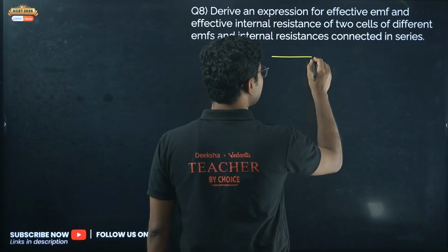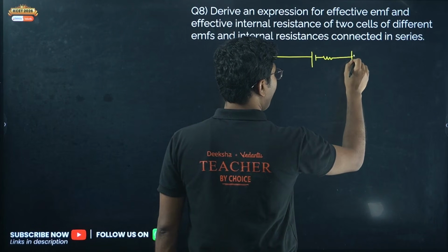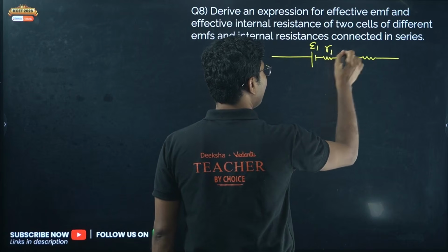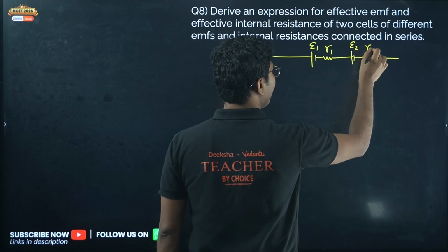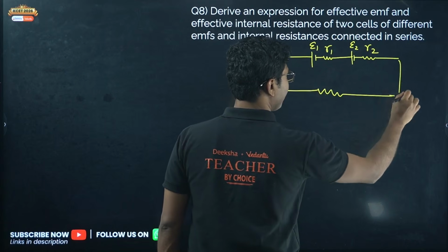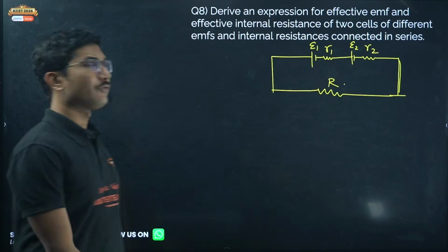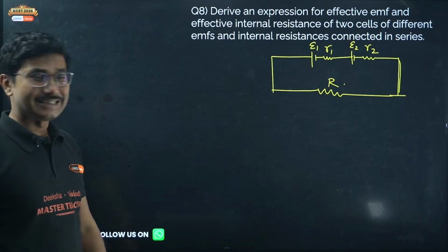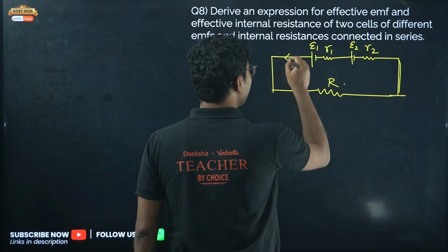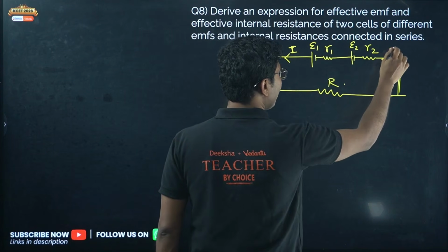So two cells connected in series, epsilon 1 R1, epsilon 2 R2, and we have a resistance R. Because they are connected in series, the current should be the same in both cases. Whatever current is passing here, the same current should come back over here as well.